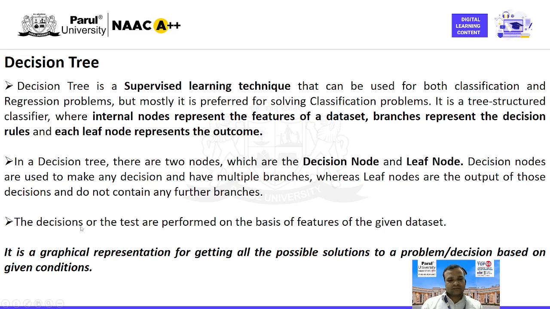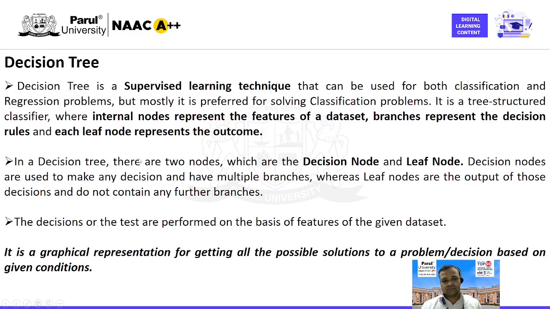The decisions or tests are performed on the basis of features of the given data set. It is a graphical representation for getting all the possible solutions to a problem or decision based on given conditions.